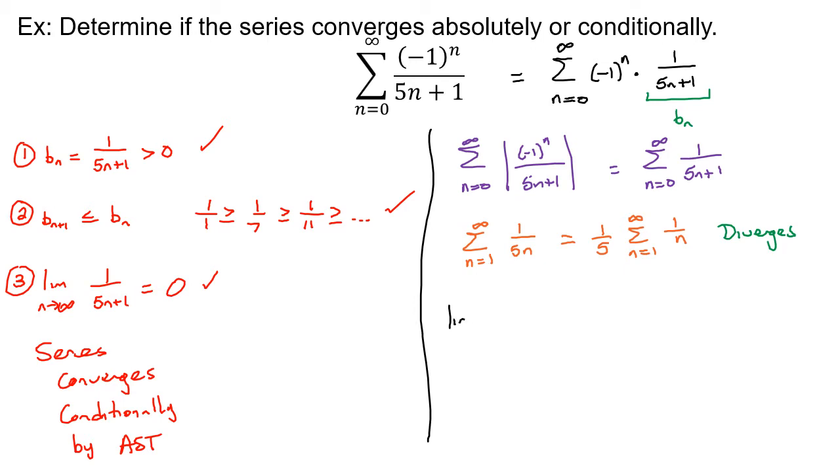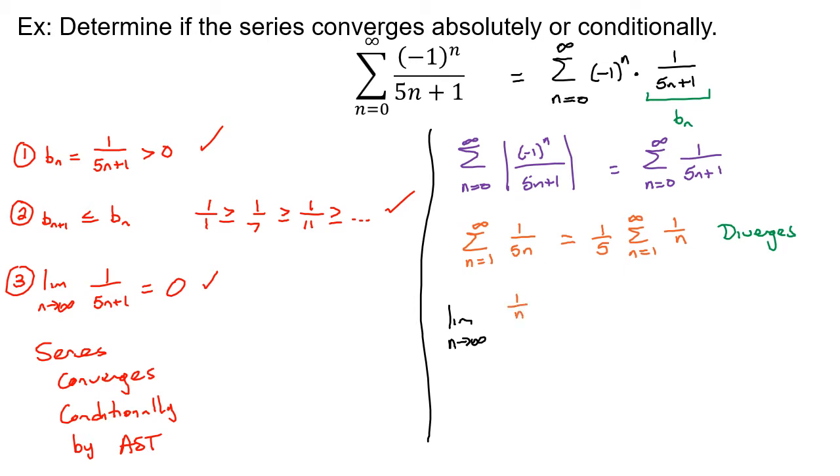So if I was to do a limit comparison, I would divide the two terms. So I could divide the one I'm comparing it to by the original one.